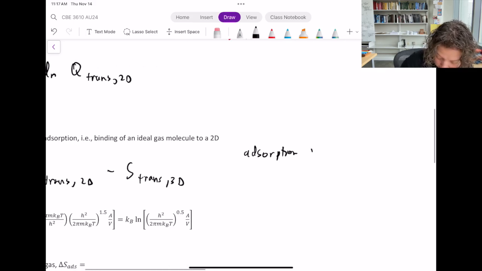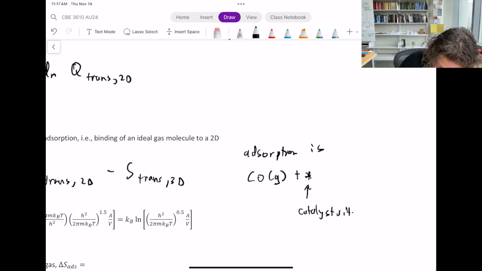adsorption is, for example, your carbon monoxide gas molecule reacting with a catalyst site to form the adsorbate. So this is your 3D translator.